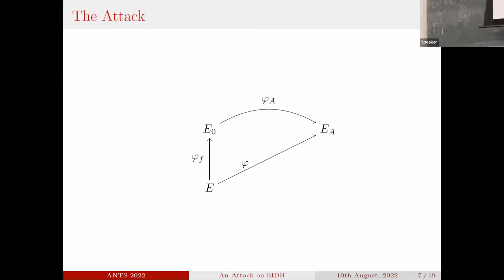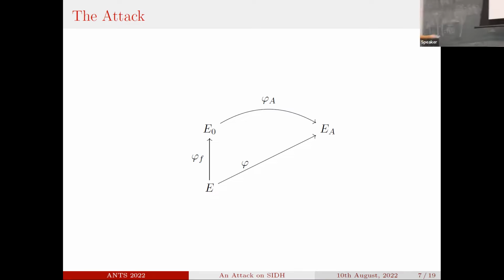And using the matrix notation, we have that the first component is given by V minus C by I of PA, and the other one. And to compute the image of QA under phi A, we use the pair QA and the identity on the other curve.